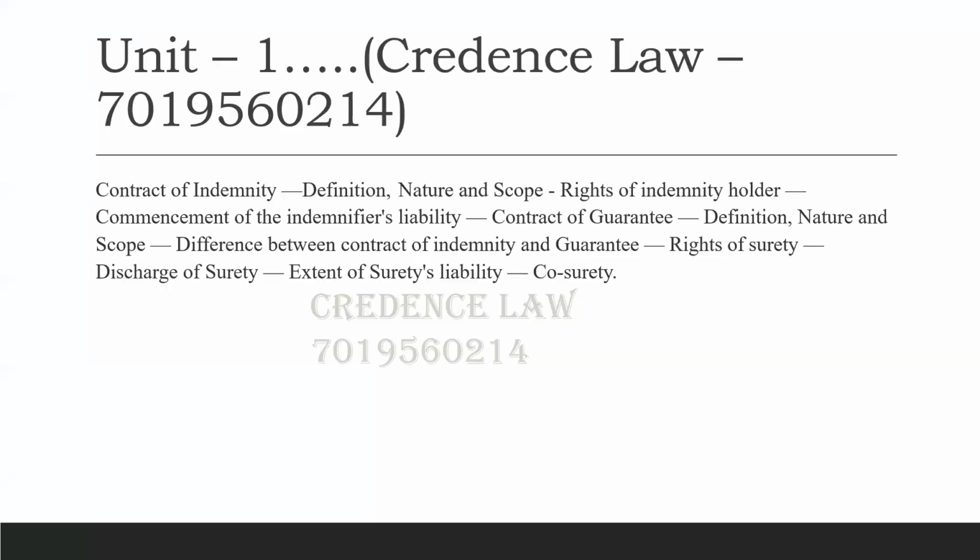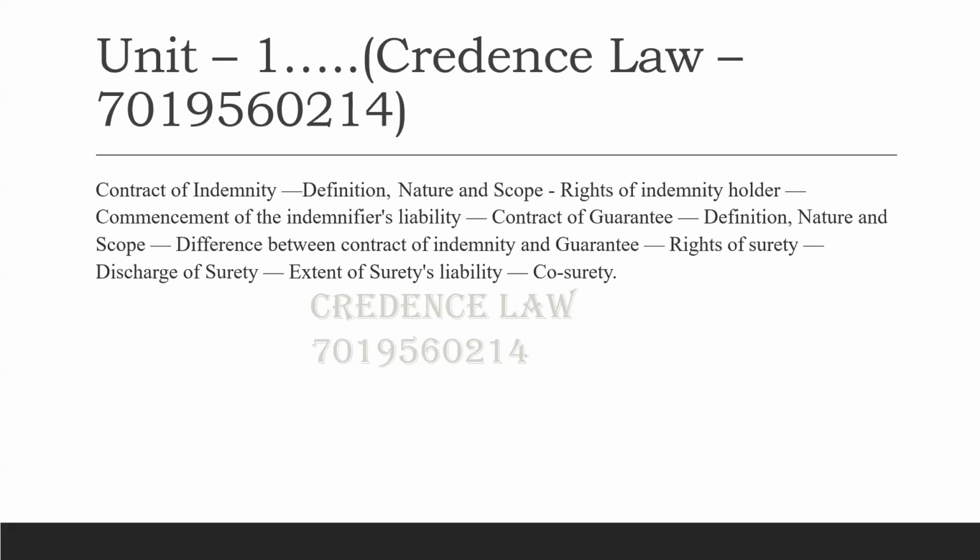Speaking of the first unit, it is about chapter 8, wherein it contains sections from 124 to 147. In section 124, it defines the term contract of indemnity. It says a contract of indemnity is a contract by which one party promises to save the other from the loss which is caused to him by the conduct of the promiser himself or by the conduct of another person.